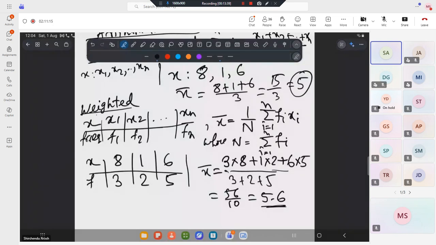Now the problem comes in terms of that. Suppose in this particular example, I had put one frequency quite high. Suppose for the 6, instead of 5, I put 10,000. Of course, the mean will go towards 6, as normal mathematics says.